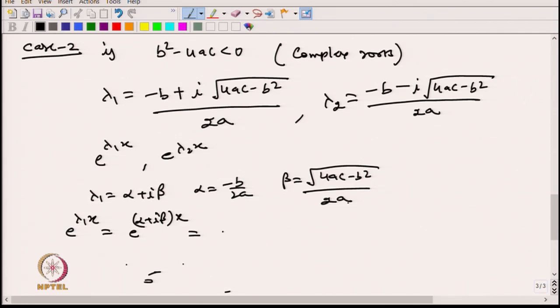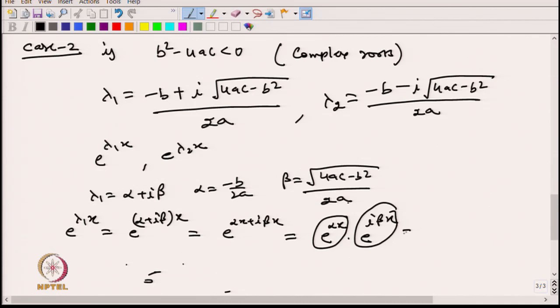Now, this is the exponential. So, it becomes alpha x plus I beta x, and we know that I can separate this as e raised to alpha x into exponential I beta x. Now, this is a real function, it is a real value. Now, what about this one?